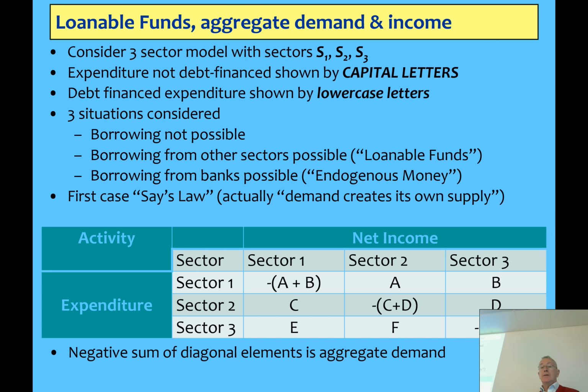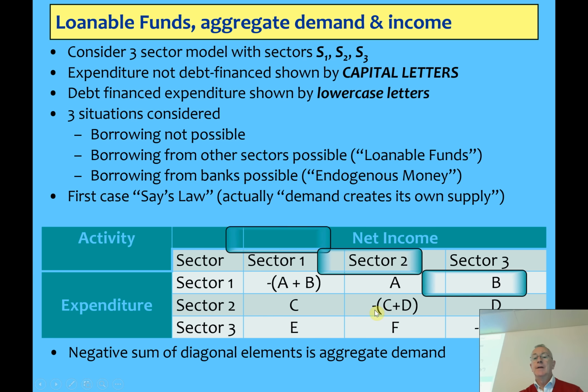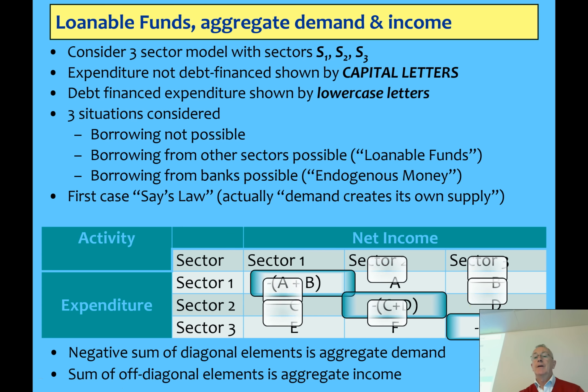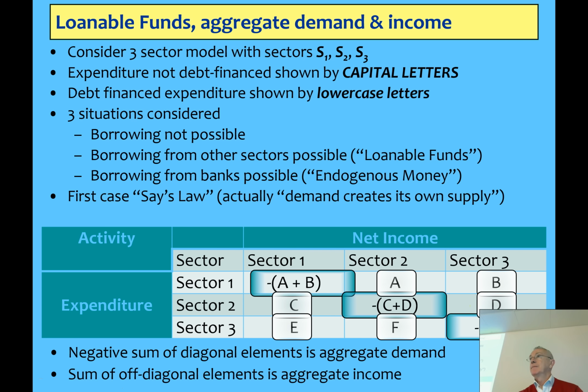Okay? It's A plus B, C plus D, E plus F. The negative of that is aggregate demand, where the off-diagonal elements are aggregate income. Okay? And they're necessarily the same.